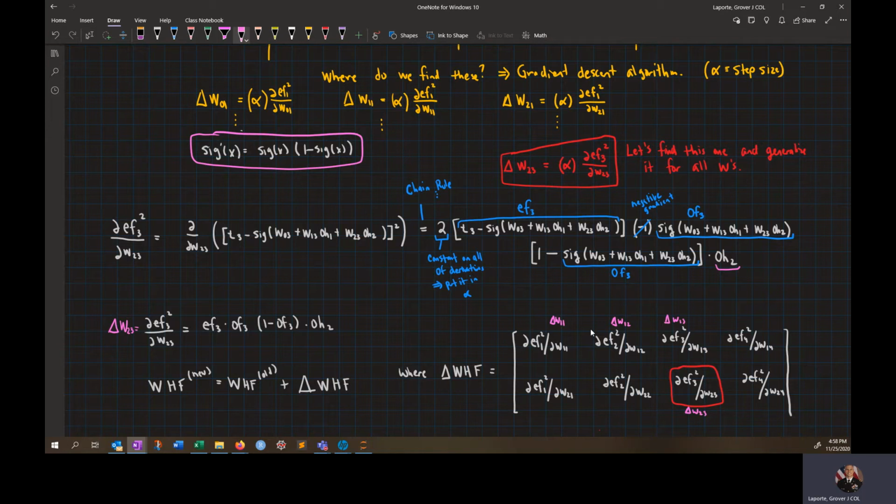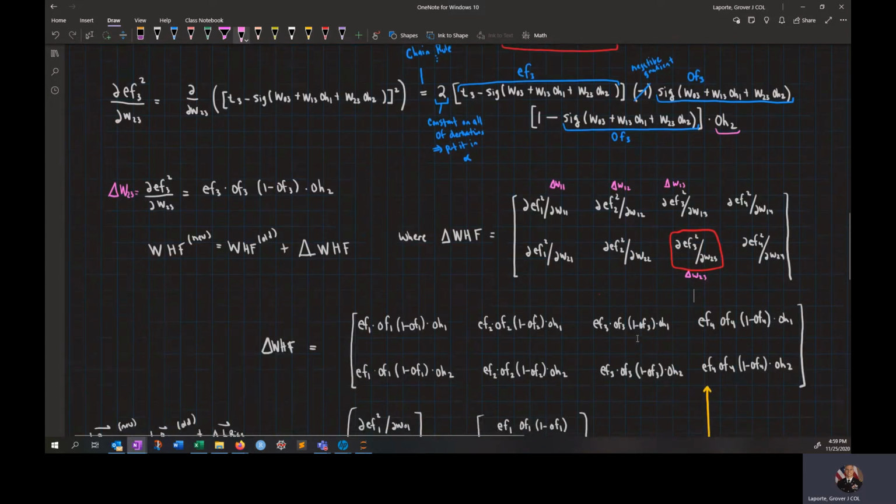And then you can fill in the blanks: 1,1, 1,2, 1,3, 1,4, 2,1, 2,2, 2,3, 2,4. If you took these partial derivatives and did the same thing that I did here, you would find out that these values are simply kind of the same thing. So this is the one we just did, that I'm going to substitute in. It's this EF3, OF3, 1 minus OF3 times OH2.